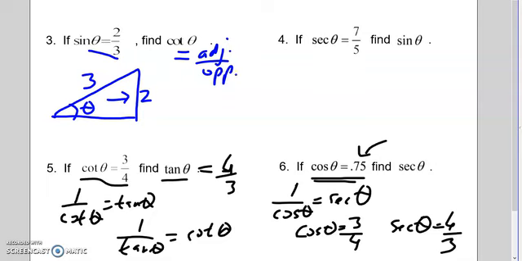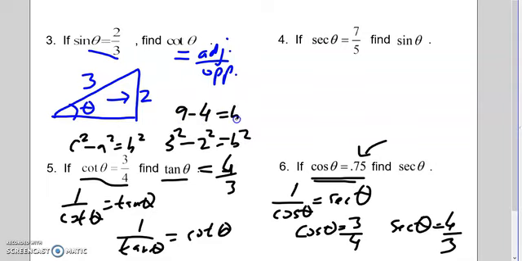So in this case, I have c squared minus a squared equals b squared. And so my hypotenuse is 3 squared minus 2 squared. And so this is 9 minus 4 equals b squared, or 5 equals b squared, taking the square root, I end up with b equals square root of 5.